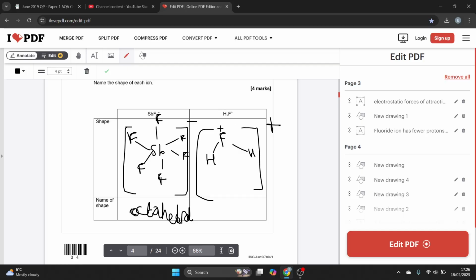So it's bonded to 2, 7 minus 2, but it's also got a positive charge, so minus 1. 7 minus 2 is 5, so 5 electron pairs, but then minus 1 because of the positive charge, so it's only got 2 lone pairs of electrons. In the name of the shape: 2 bonding pairs, 2 lone pairs, so it's going to be bent.